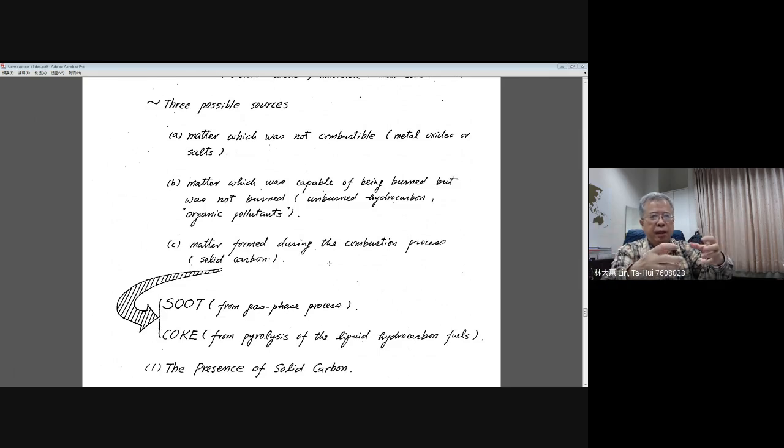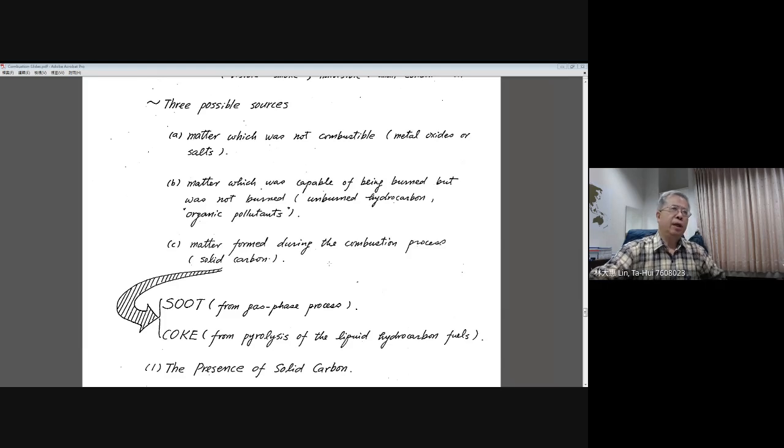When they meet together, they will gradually grow and become a solid carbon particle. Okay, in this process, they nucleate those kinds of solid particles in the thermal decomposition process of your fuel and in the combustion process.